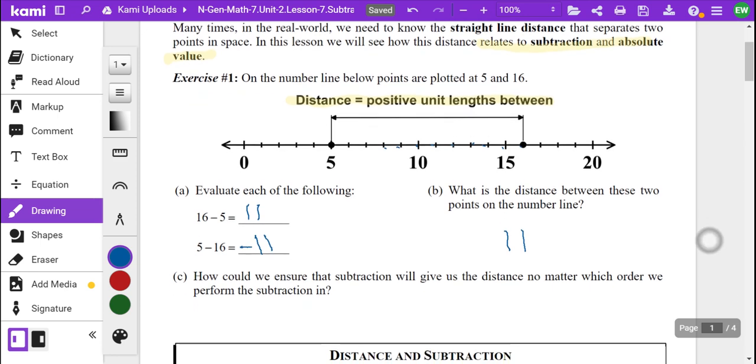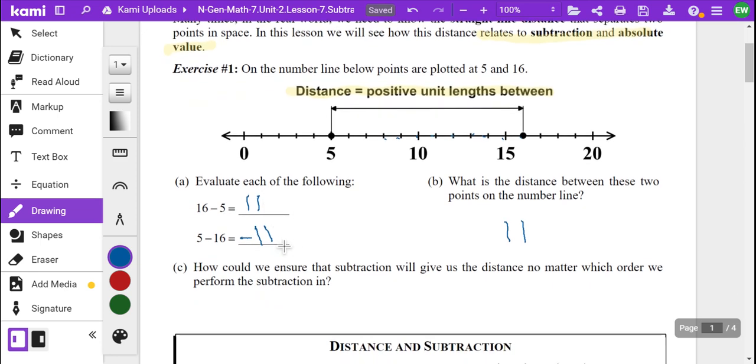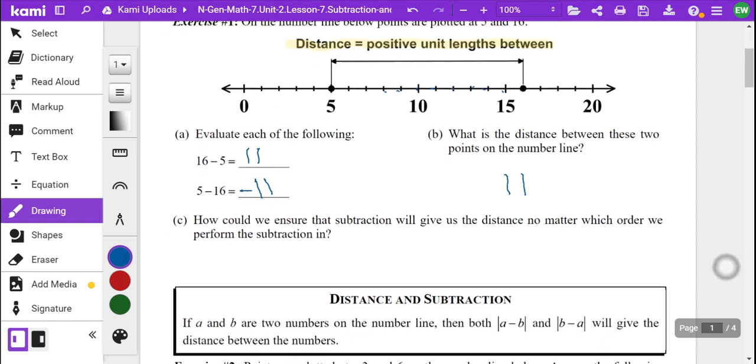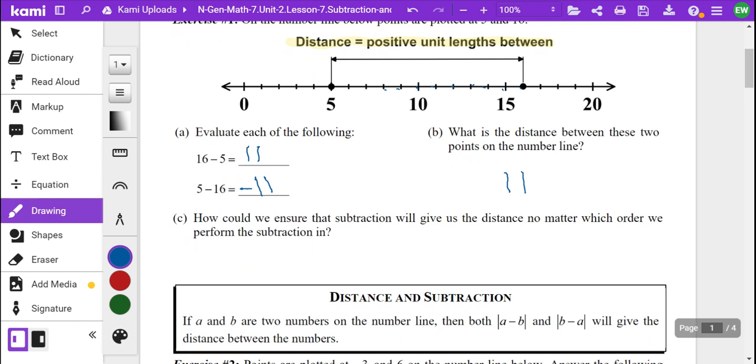So when we're finding the difference between these, one is negative and one is positive. So how can we ensure that subtraction will give us the distance, no matter which order we perform the subtraction in? So we're going to get a question right now. See if you can remember what that is called. So you should have chosen use the absolute value, right?